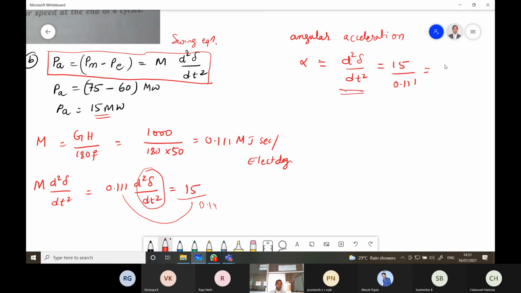What is the value of this? 135.35, sir. 135.35 electrical degrees per second square. This is the unit for alpha, also called angular acceleration.